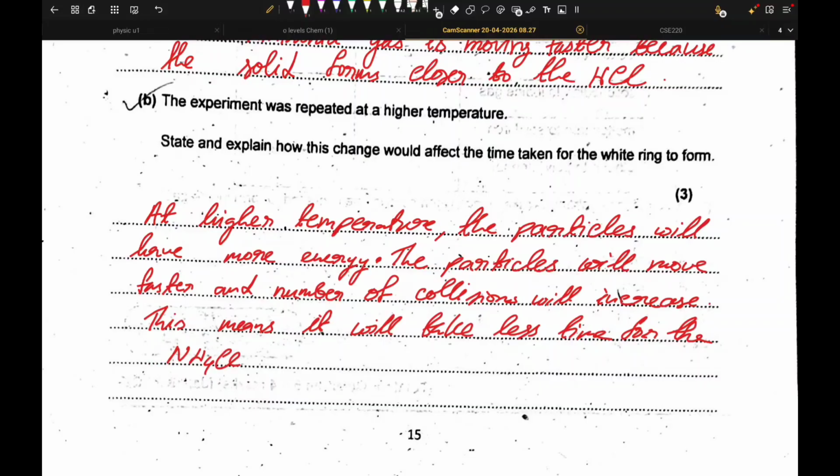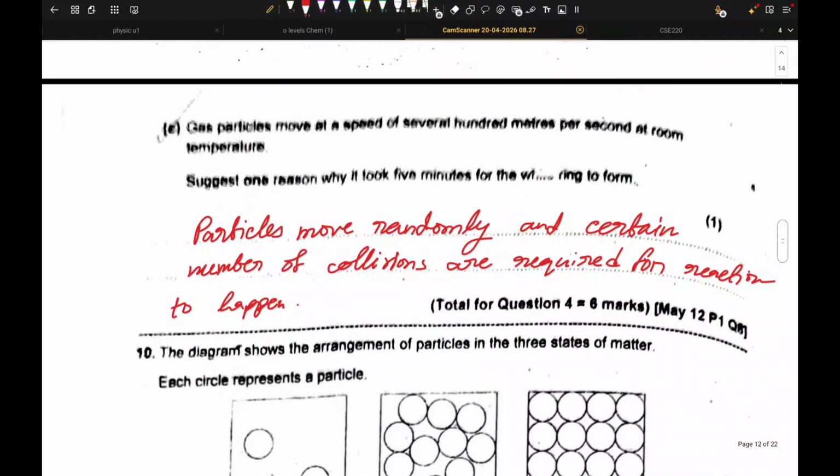I'm not writing the whole thing, I'm just writing it short. Now, in the exam, don't write like this. Write the full thing: ammonium chloride solid. If you write like this, they are not going to give you the marks. Let's move on to the next one.